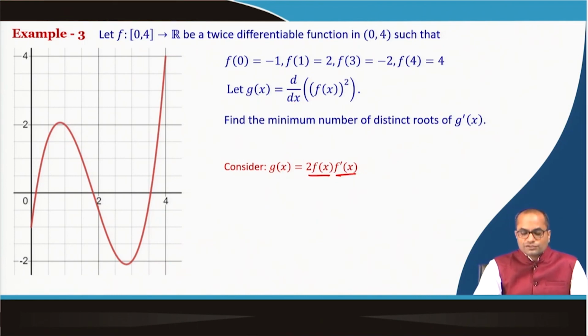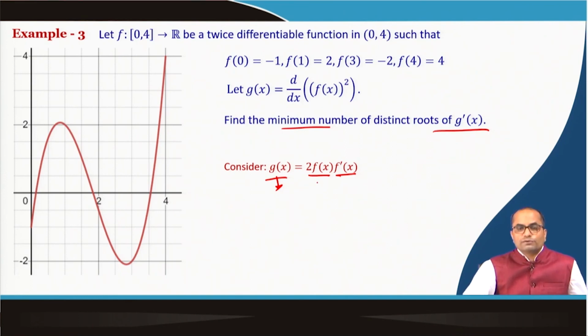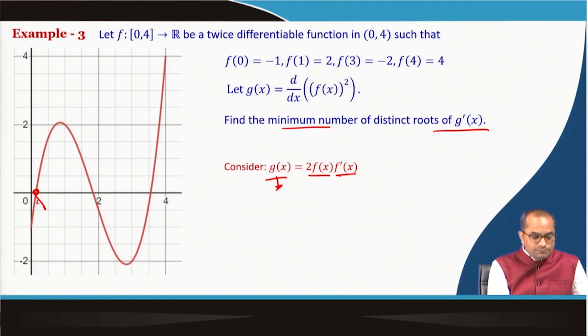So we will analyze this g function, and in fact the minimum number of roots for the derivative of this function. First, we check at how many points this g will vanish, which we can easily observe from this function, because this function f is 0 at this point, then at this point, and then at this point, and then here f'(x) is also there, which we know by Rolle's theorem, because if the function has equal values, definitely there will be a point where the derivative will vanish.